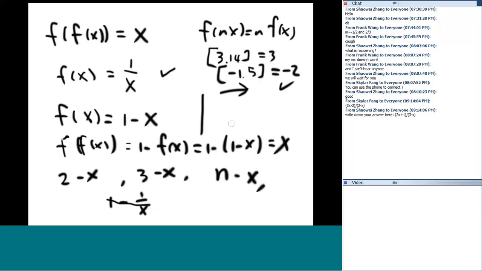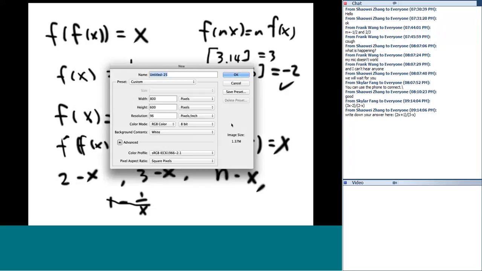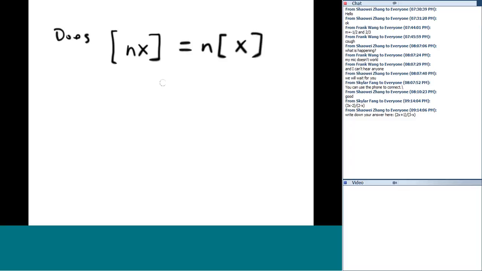What's your answer, yes or no? The question is clear. Does the floor function satisfy this for every x? You say yes. Well, for all integers, it's yes.